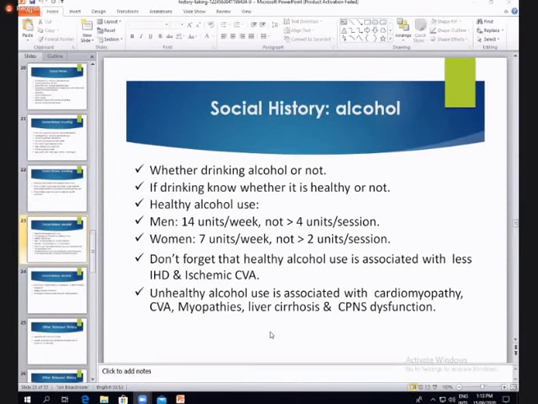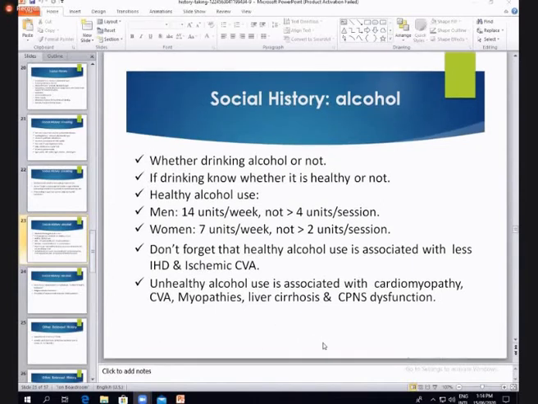Females should not be advised to take greater than 2 units per session. This is very scientific, but you need to inquire about the alcoholism history. Apart from liver disease, alcoholism is associated with cardiomyopathy, cerebrovascular accidents, peripheral nervous system dysfunction, peripheral neuropathies, and myopathies as well.